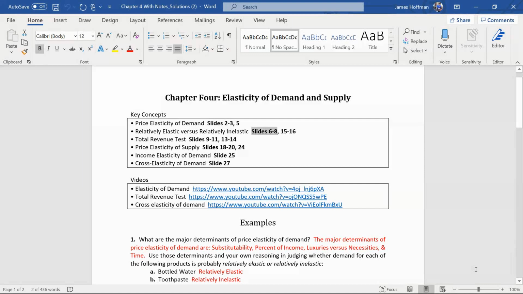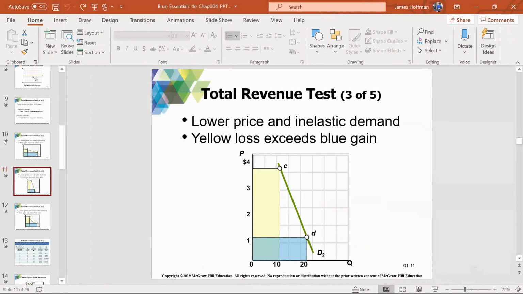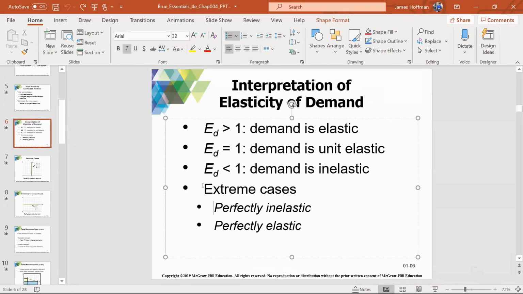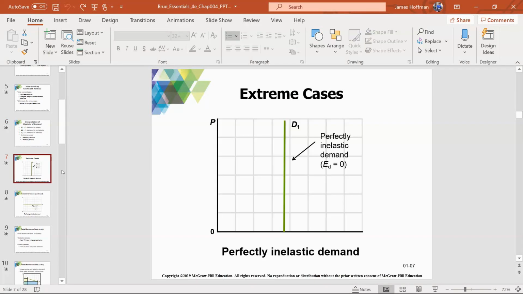Let's do the extreme cases. The extreme cases are defined or classified like this. If it's perfectly inelastic or perfectly elastic, we'll start with perfectly inelastic.